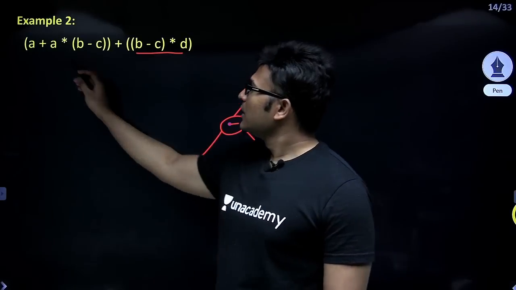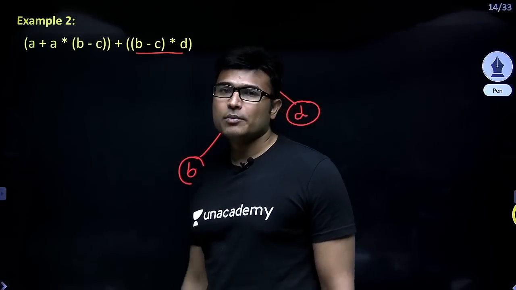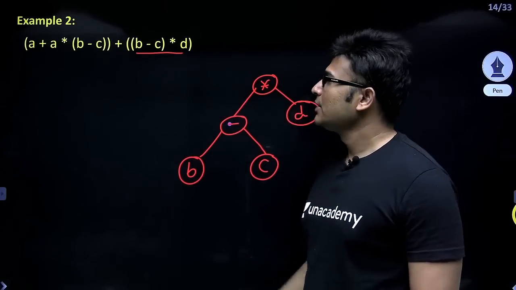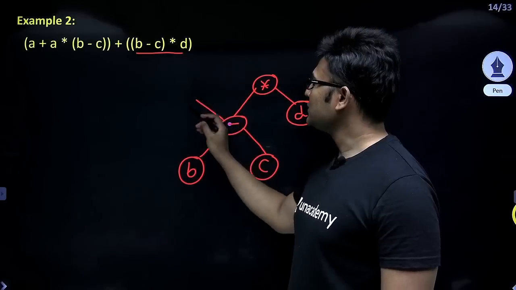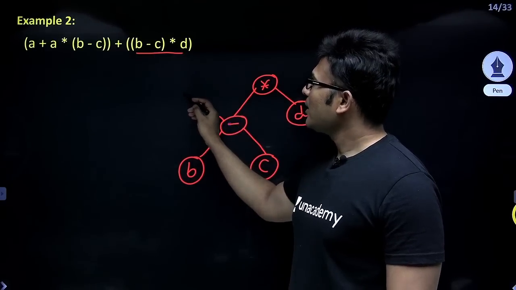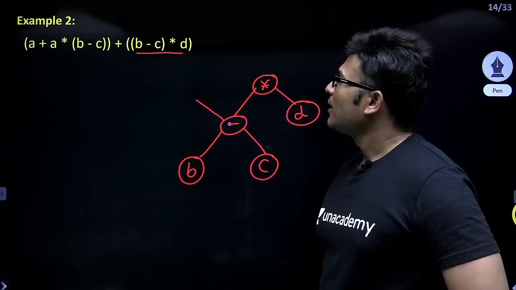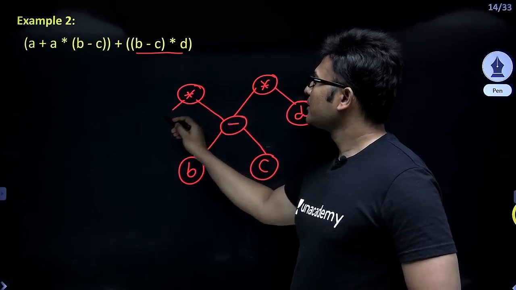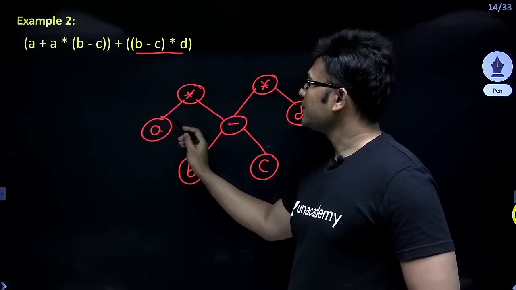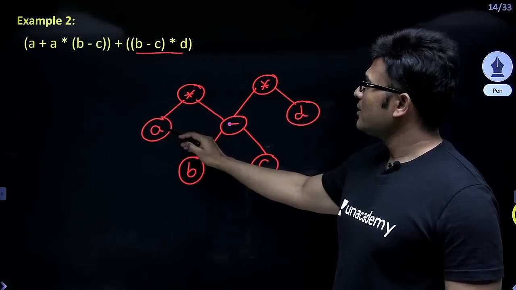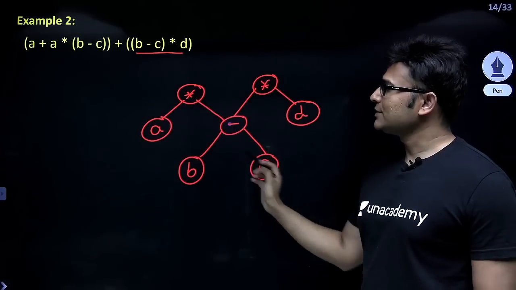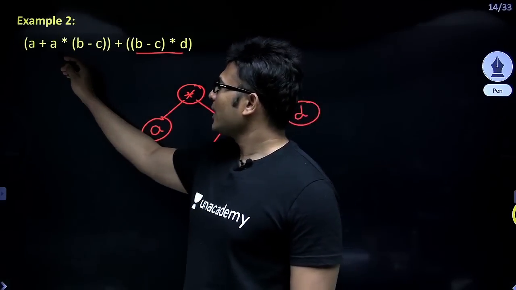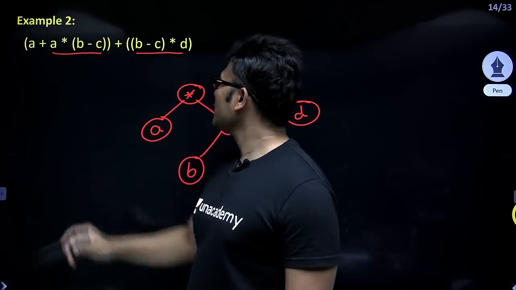And now A into B minus C has to be computed, and clearly B minus C has already been computed, right? Therefore I'm going to use the same thing, right? And I'm going to write star A. Try to understand this. So A into B minus C, right? And finally whatever value I get, I'm going to add A to this.